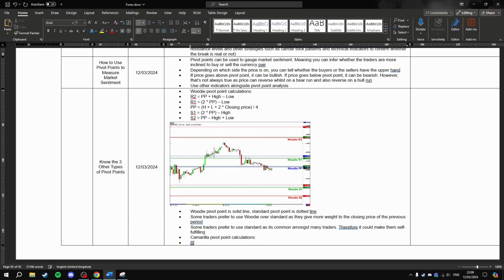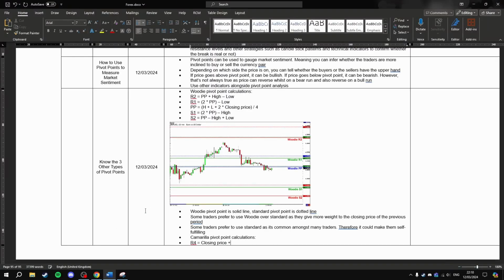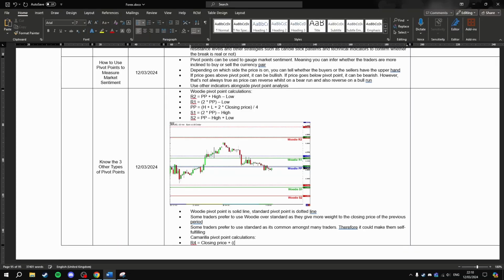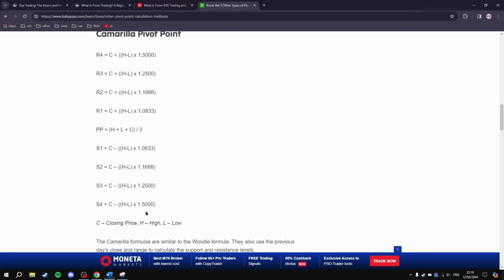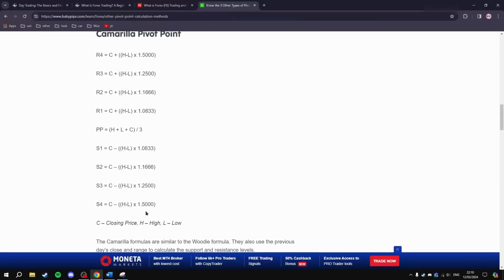R4 is equal to C, or the closing price, plus high minus low times 1.5.